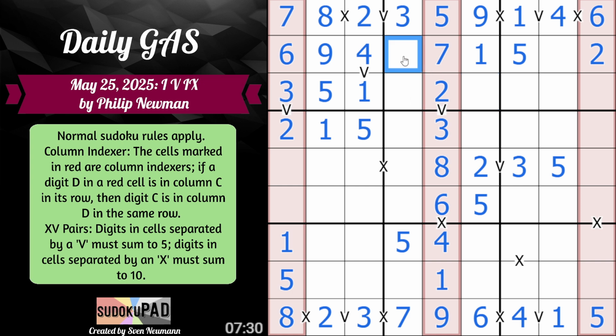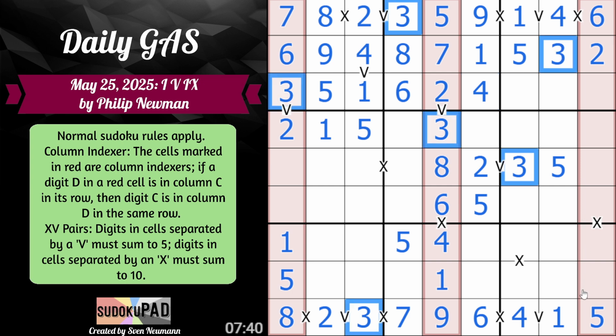Not really. Oh, wait, actually, 4, 6, this is 8. So we do have a way to resolve that. 6, 4, across we need 3. 3 leaves us with 3. And then we have the x-wing on 3's here. It could still be 3, 7.